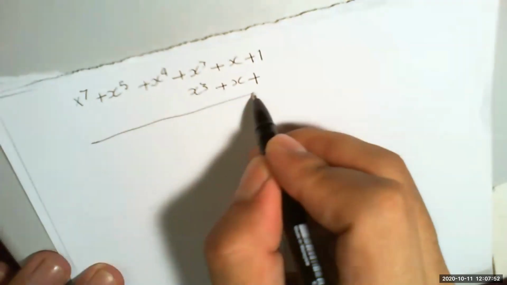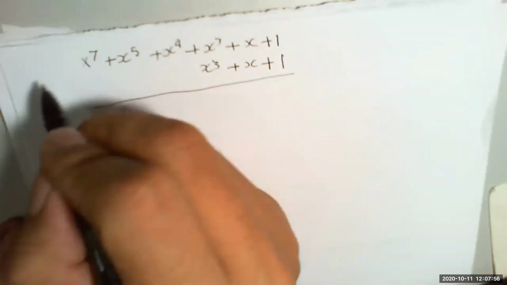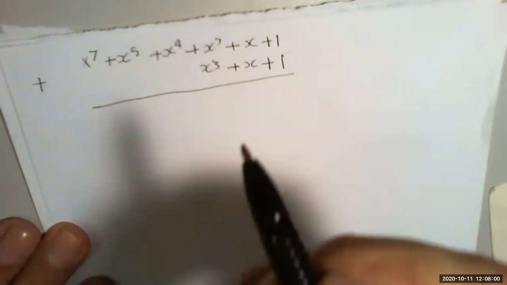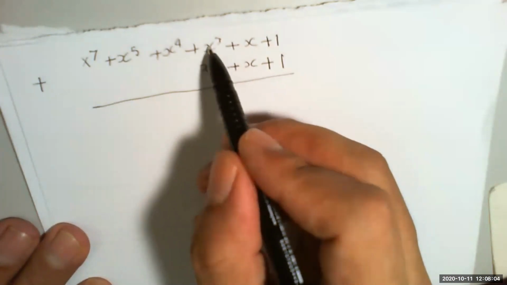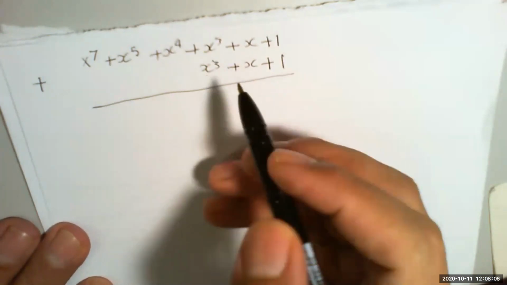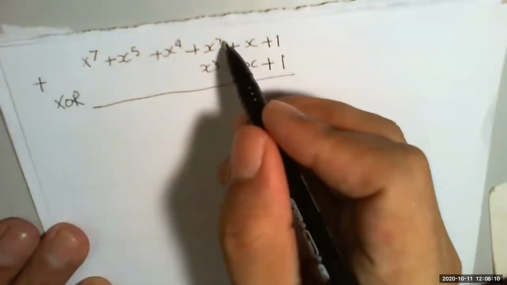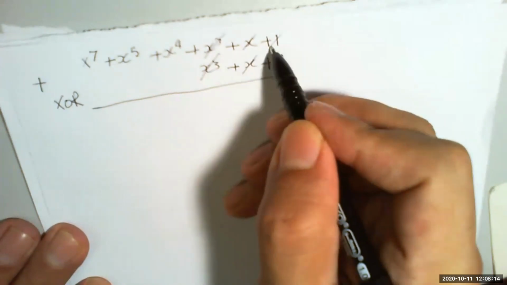This is just an addition. The addition is just straightforward. I know that these are similar. I told you this is XOR. Similar means they are removed together. All similar things are removed together.